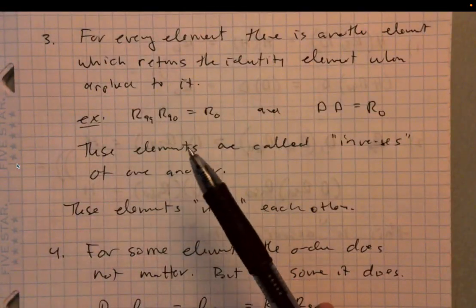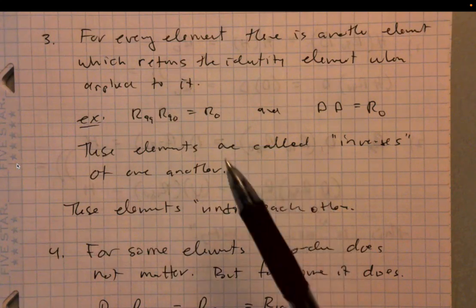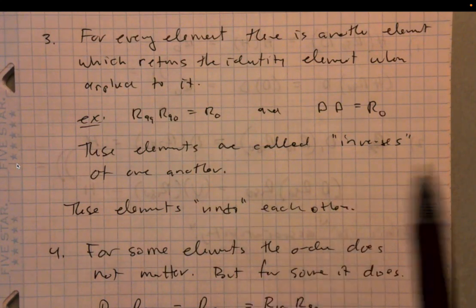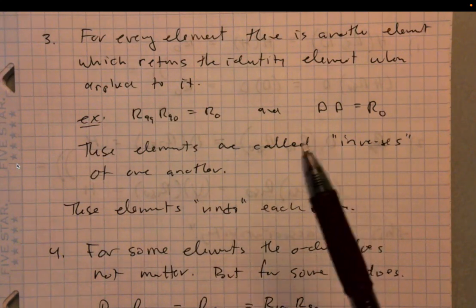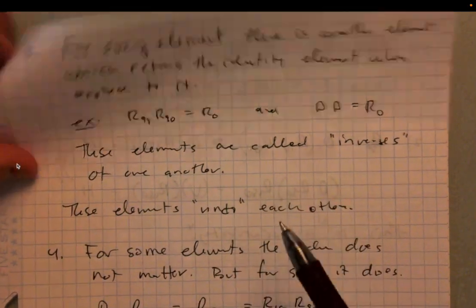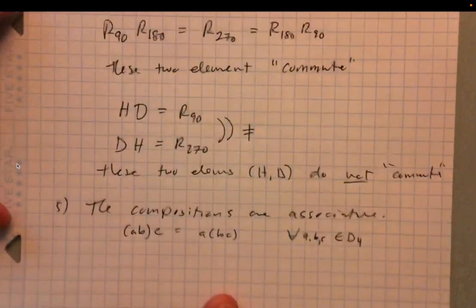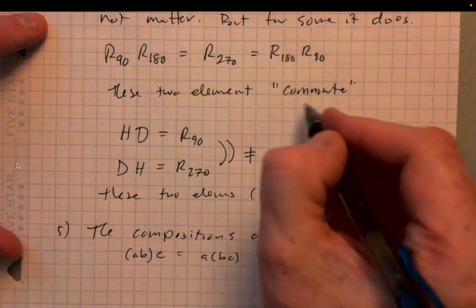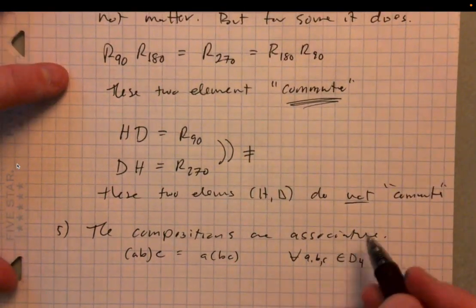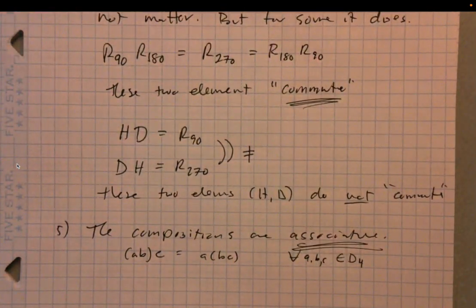So those 3 in particular, closure, identity, and inverses, are all part of the definition of a group, which we'll see in the next lecture. Okay. We also want to give some indication of these other ideas, specifically commuting elements and associativity of elements in a group. Okay. And all of these things can be seen with this simple example of the dihedral group of order 8, the symmetries of a square.